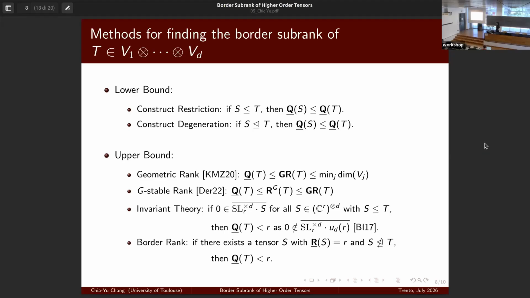Then we would get that S is a degeneration of T, so this gives us a contradiction.